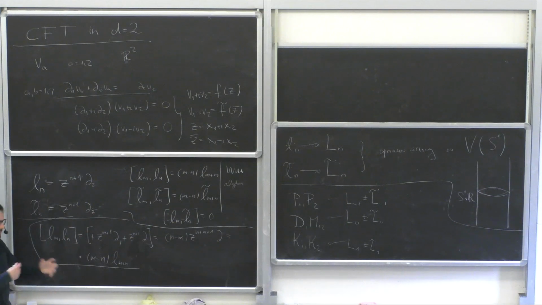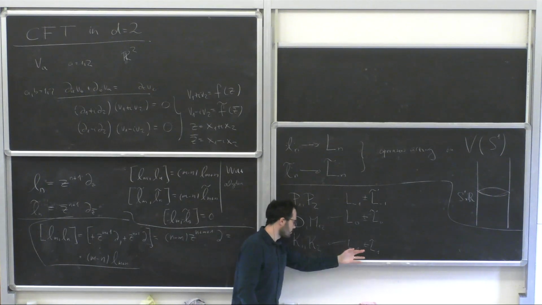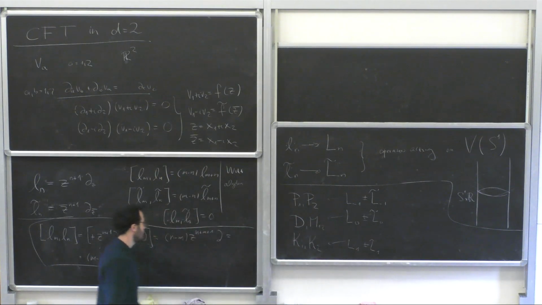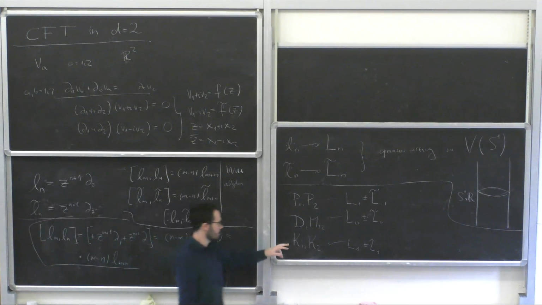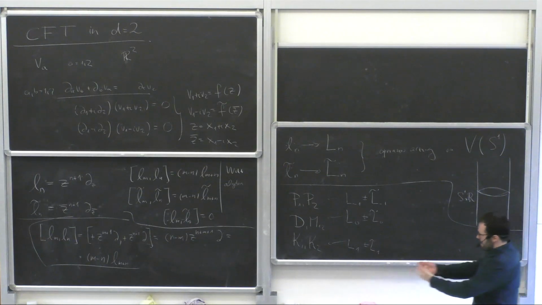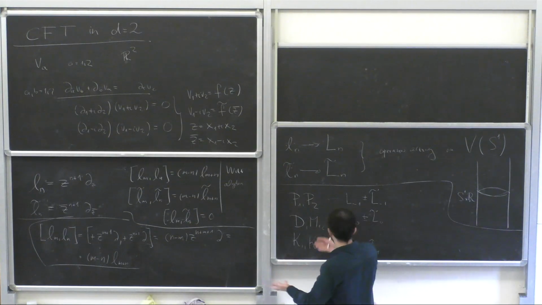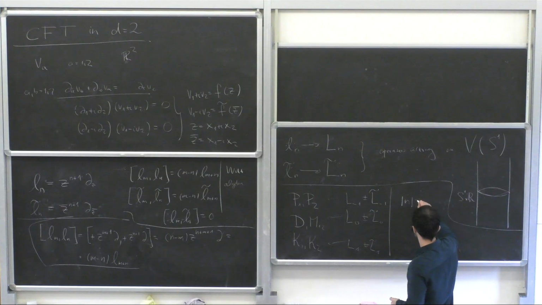So their sum is just the dilatation, and their difference is a rotation. And finally, for K1, K2, for n equal to 1, you get something quadratic in z and z bar, which is exactly what we saw for the special conformal transformations. Okay, so at this level there's a perfect match, but in 2 dimensions we also have these additional generators where the absolute value of n is greater than or equal to 2.